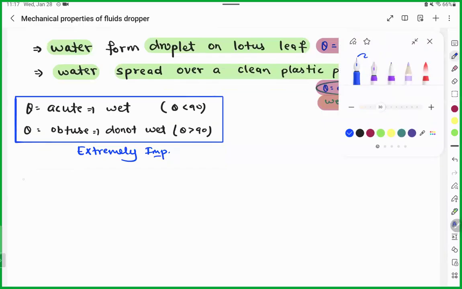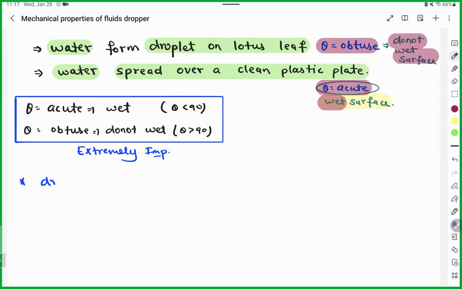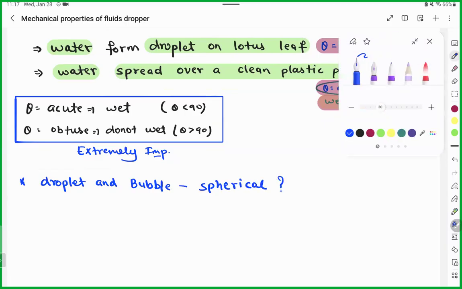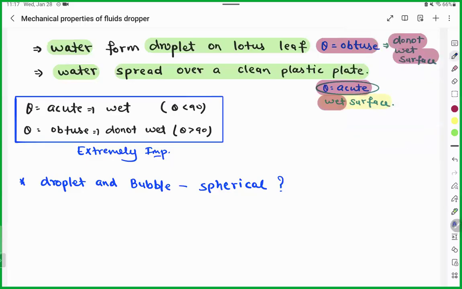If you take any droplet and bubble, they are spherical in nature, with a spherical surface. Why? Your answer will be because they want to acquire the minimum energy.